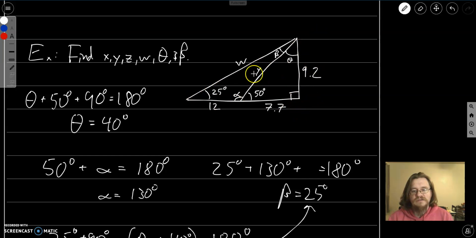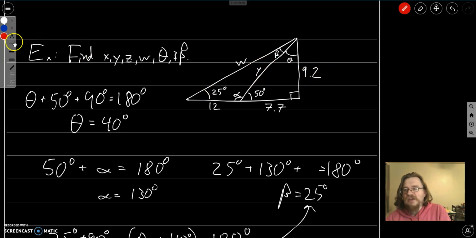The next step would be to find y and w, and maybe I won't do these. I've run out of room here, but I have a right angle triangle, so I know that Pythagoras Theorem will apply. So a squared plus b squared should be equal to c squared, as in 7.7 squared plus 9.2 squared should be equal to y squared.